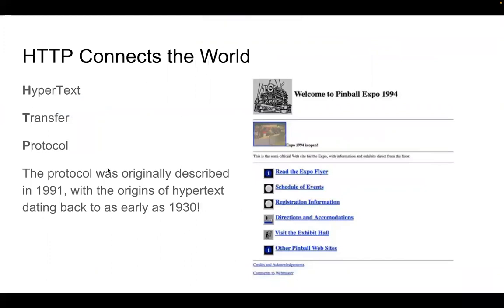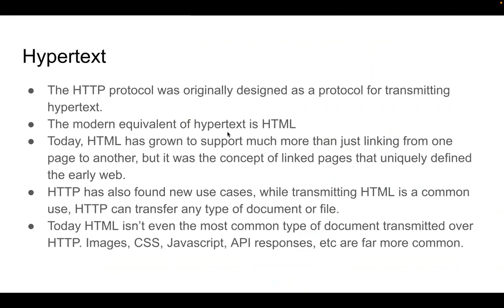So the protocol was originally described in 1991, and it started with hypertext. HTML is the modern equivalent of hypertext. So HTTP was originally designed as a protocol for transmitting hypertext, which the modern equivalent of is HTML.